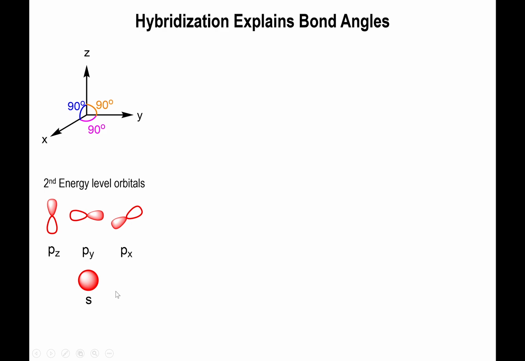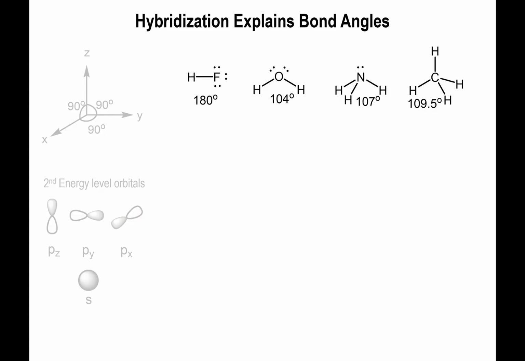And then we have the s orbital that's pretty much symmetrical in all directions. But then the question arises as to how you can use those orbitals to make molecules where the bonds are pointing in different directions altogether.